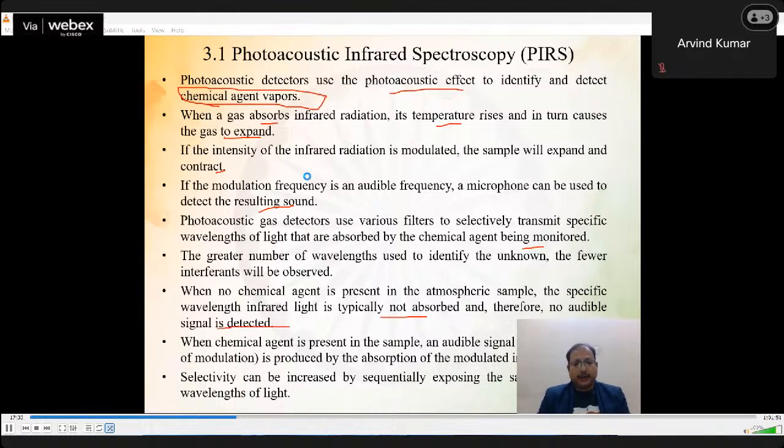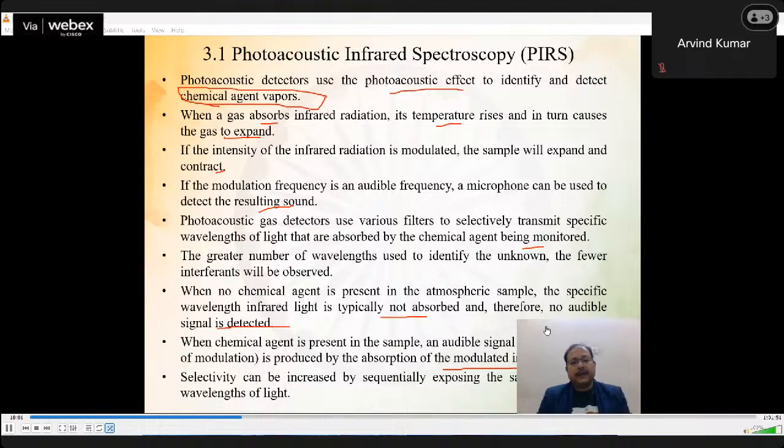So it is very much required that the modulation be noticed, and to notice it requires some type of material. If there is no such audible signal, then the probability of chemical vapors or agents is very low. When a chemical agent is present in the sample, an audible signal at the frequency of modulation is produced by the absorption of modulated infrared light.